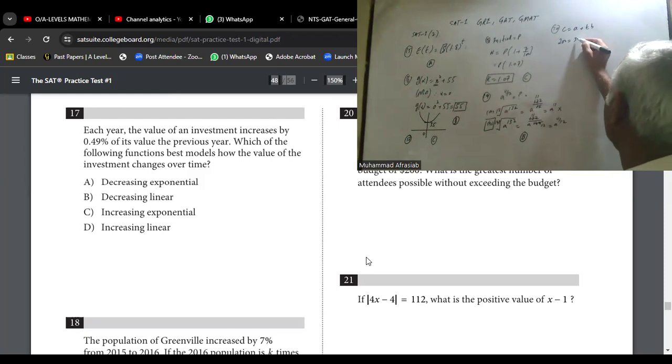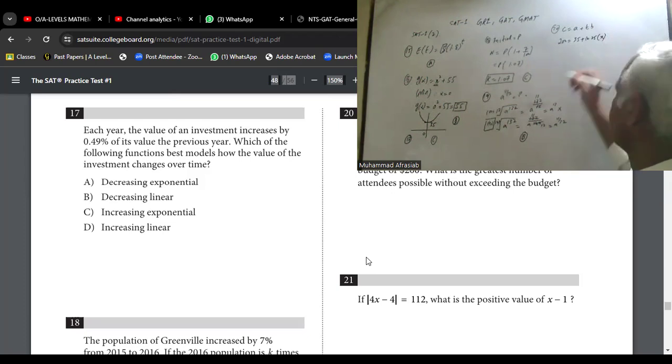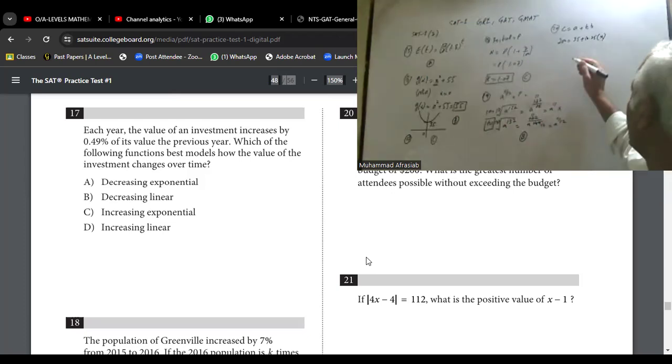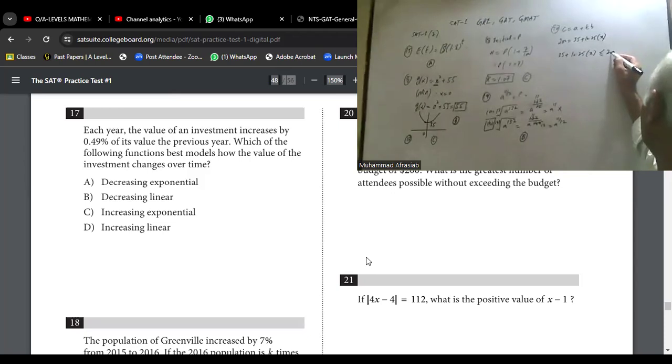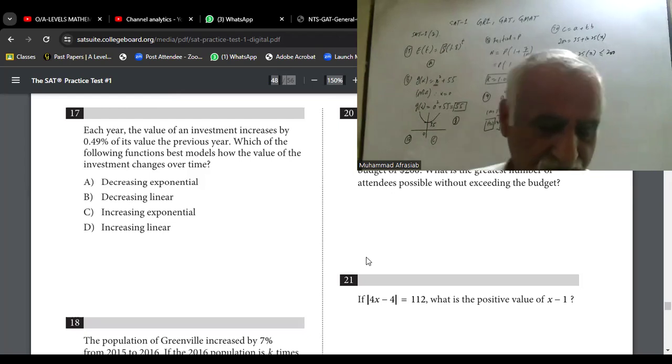The initial cost of $35 plus 10.25 times x, because let's say the attendees are x. So we can write 35 plus 10.25x is less than or equal to 200, because it should not exceed the budget of 200.